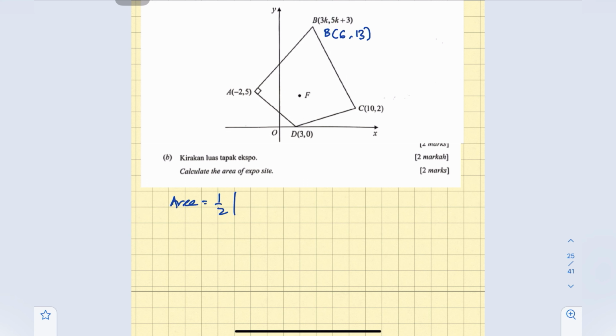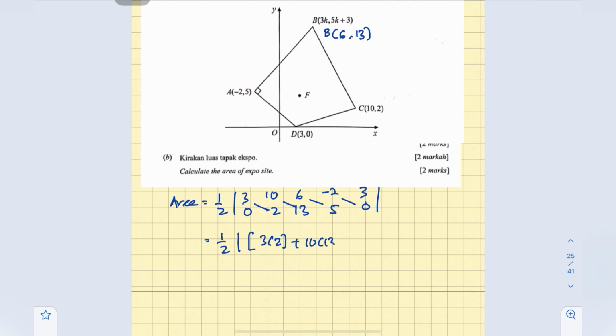We arrange the points. Okay, I start from 3, 0, then 10, 2, 6, 13, negative 2, 5, and back to 3, 0. Okay, so then multiply this one. So we get 3 times 2, plus 10 times 13, plus 6 times 5, plus negative 2 times 0.